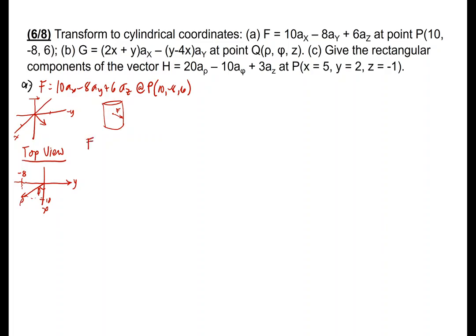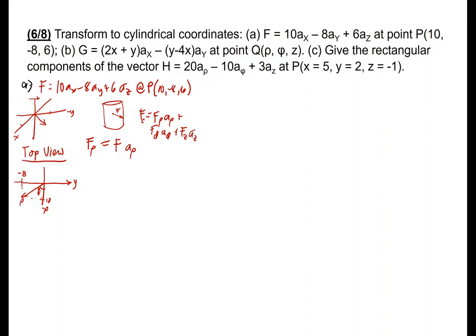we express the F. We need to get the F rho, which is equal to F multiplied by a rho. So F is actually in cylindrical, so F rho a rho, then plus F phi a phi plus F z a z.